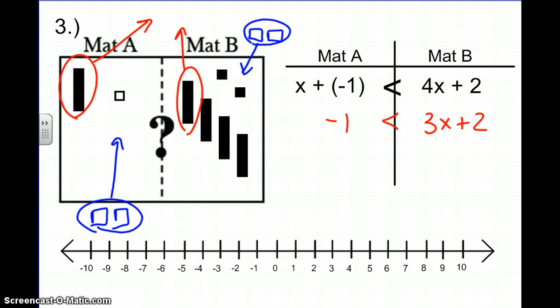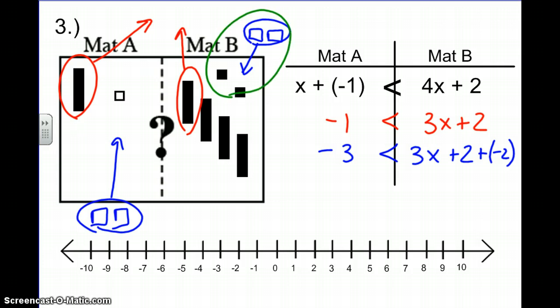So what we have are 3 negatives less than 3x plus 2 plus negative 2. Again, the purpose for doing that was to create a 0 on mat B, the two positives and two negatives. So now we have 3 negatives on mat A and just the 3 x's on mat B.